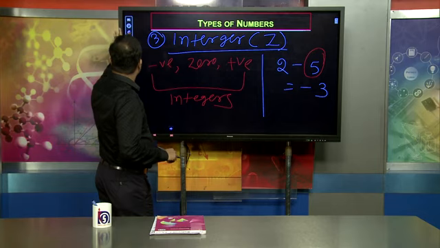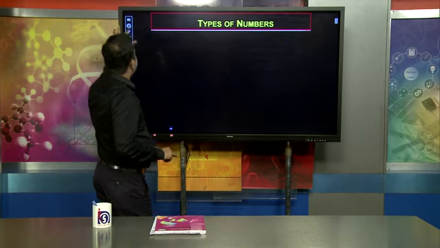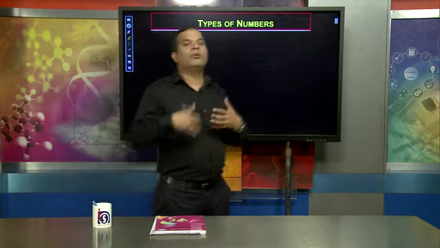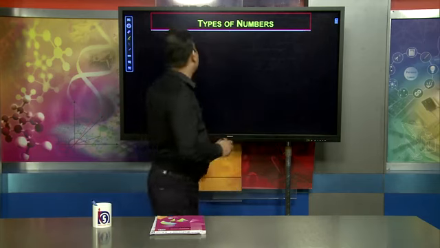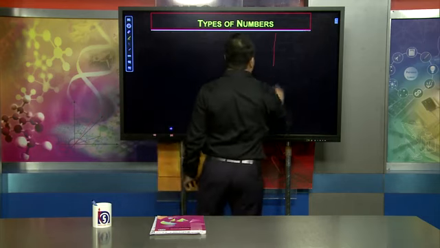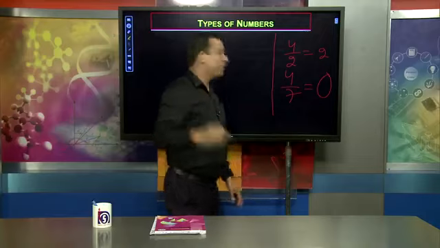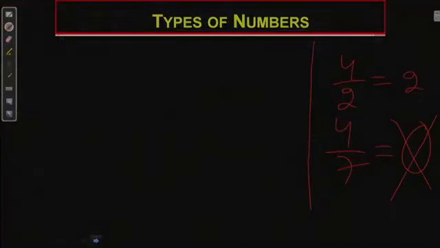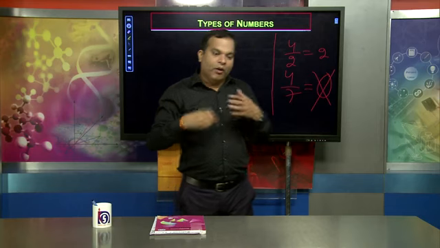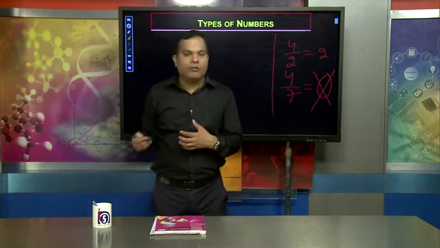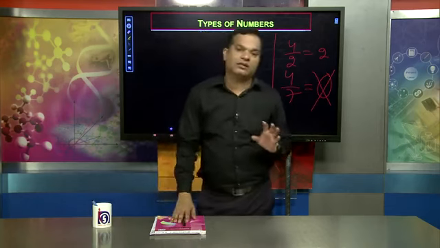In some cases you will find a concept when we divide one number by another number. For example, suppose I divide 4 by 2. You will find the value is 2. But when we divide 4 by 7, you will not get an integer. When a number is divided by another number, you may not find integers.